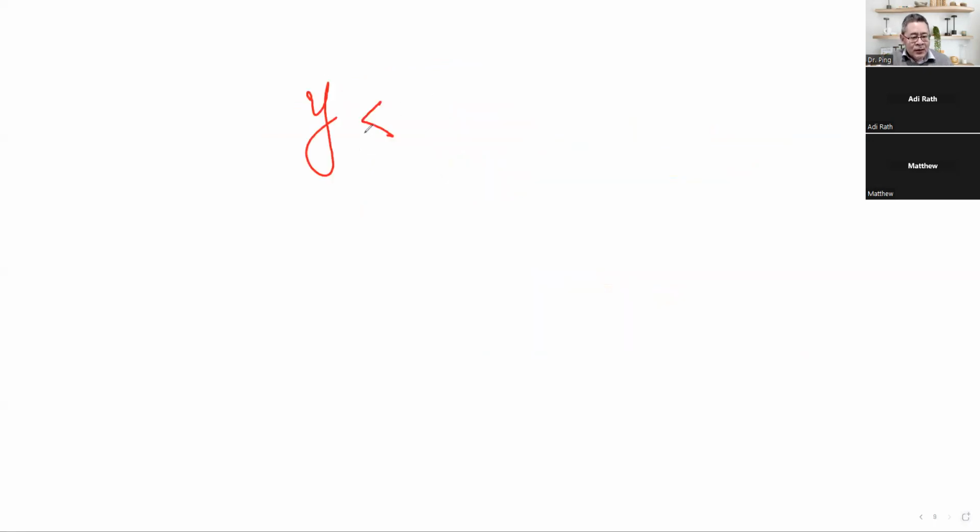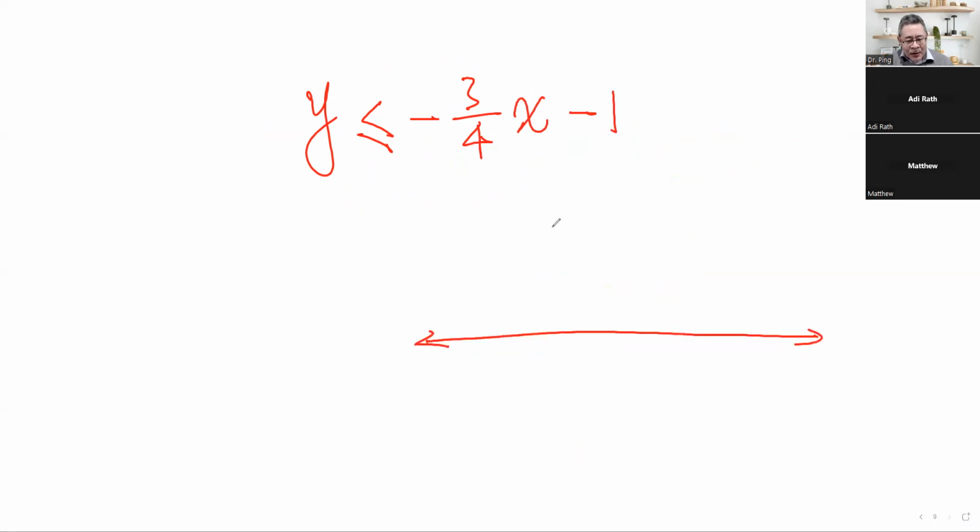Okay, let's look at a couple more. y is less than or equal to negative 3/4 x minus 1. We go to -1, that's where it is. In this case, there are two ways of looking at this one, depending on where the negative is. You can think of it as -3/4.